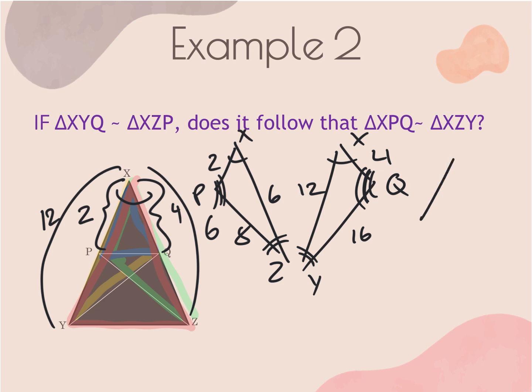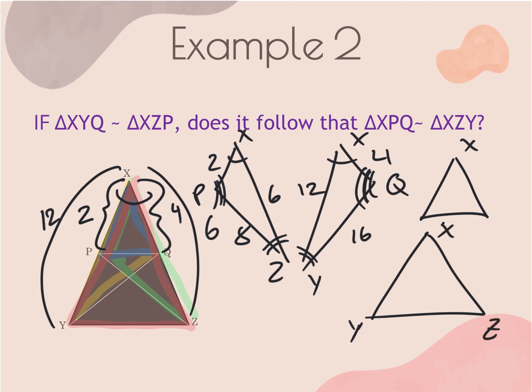So with these new triangles that we're trying to find, we have X and X on the top, YZ, and PQ. The X is congruent with the X. We know this is going to be 2 and 4, and we know this is 12 and 6.